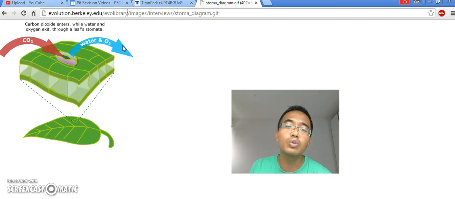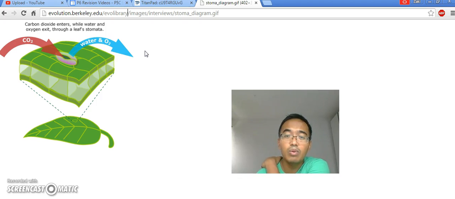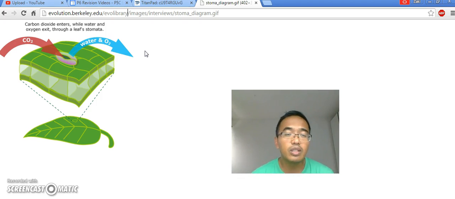Now what we do also know is that when the stomata opens up, not only do the oxygen molecules escape, but some water vapor will also escape through the stomata. So that is how plants lose their excess water in the leaves through the stomata. Okay, so do check this out.